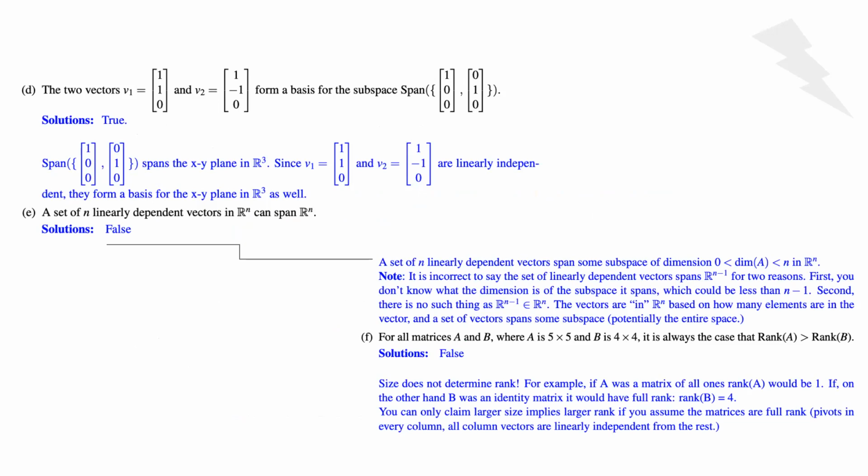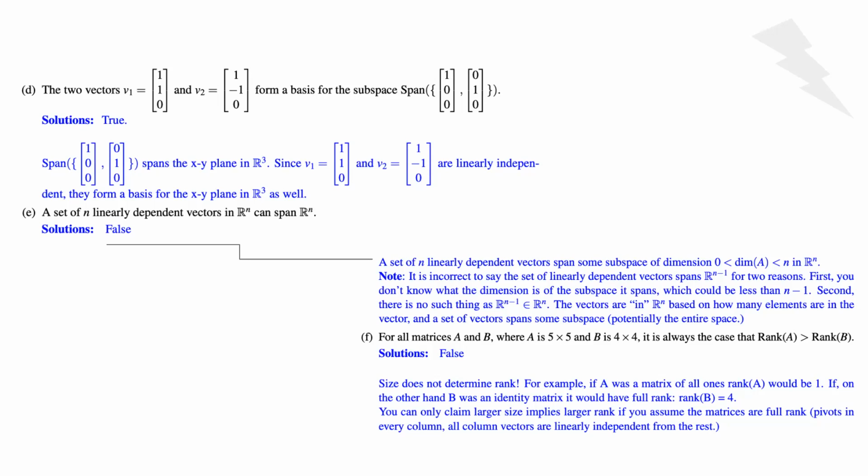So one way to look at this is, in order to determine the span of two vectors, you just need to look at whether or not they're linearly independent and what space they could span.